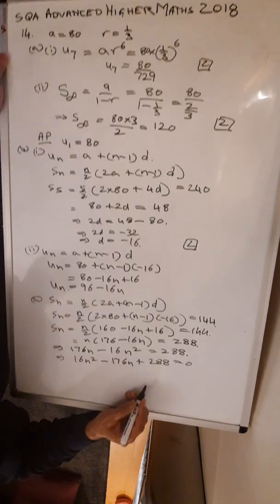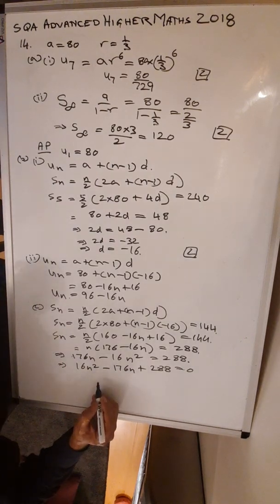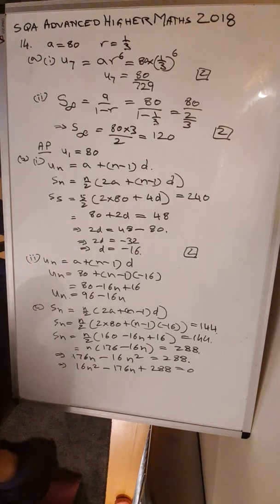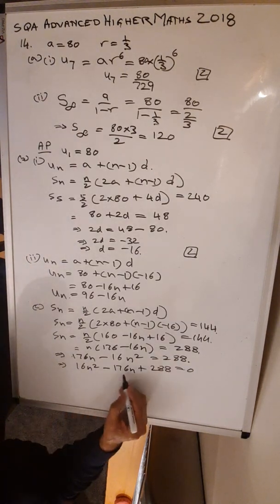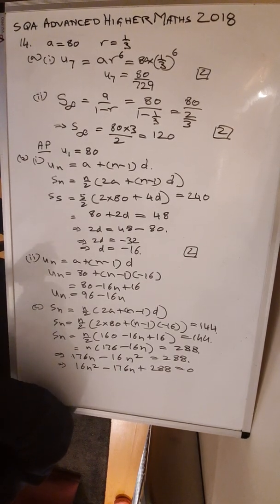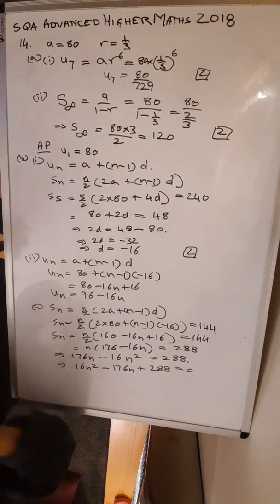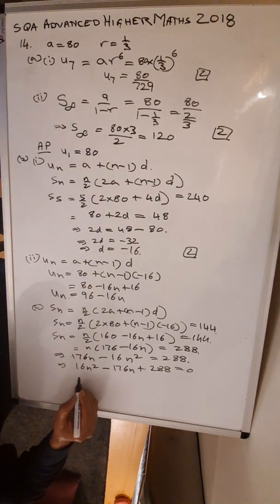Divide this through by 16, the whole of this divides through by 16.